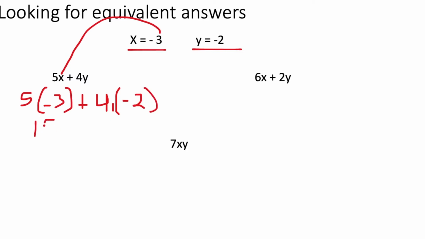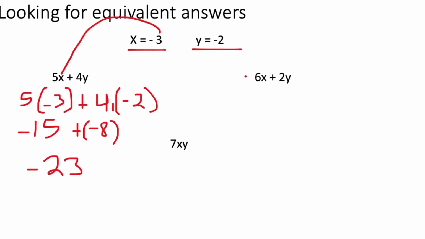This is minus 15 plus negative 8. And then I'm adding the 2 negative numbers together. So this will be minus 23.